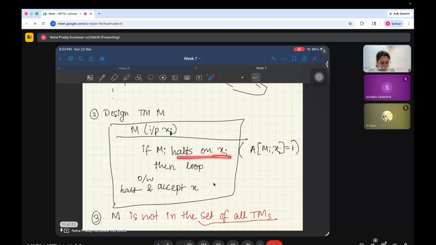Here we are assuming, check whether mi halts on xi, and then you decide what to do. But what if I cannot find out the answer? What if it just keeps running? M runs on xi and, let's say, does not halt.